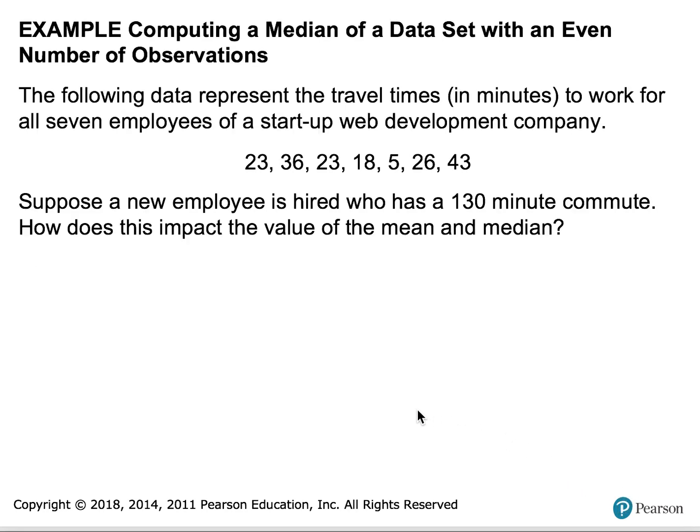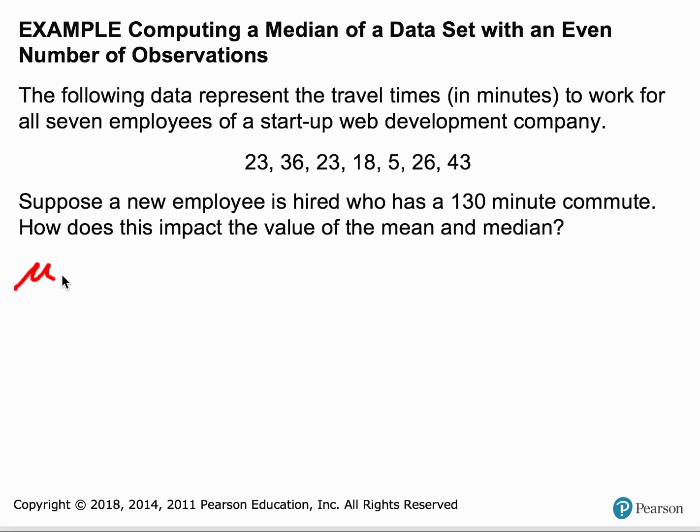Okay, so the following data represent the travel times in minutes to work for all 7 employees of a startup web development company. Suppose a new employee is hired who has a 130-minute commute. How does this impact the value of the mean and the median? Okay, so let's do the mean first. I need a pen first.